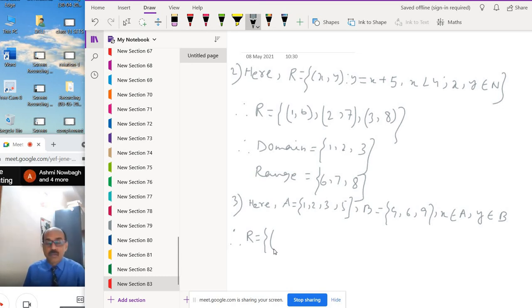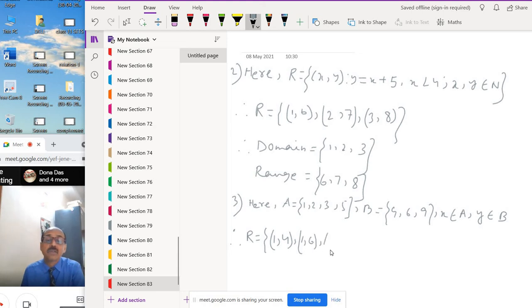So 1 and 4: 1 minus 4 is 3, and 3 is odd, so we can take (1, 4). Then (1, 6) we can take also: 1 minus 6 is 5, which is odd, so (1, 6).